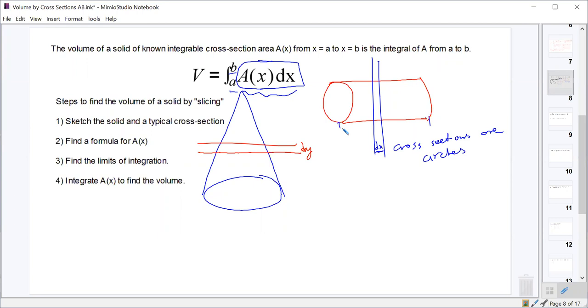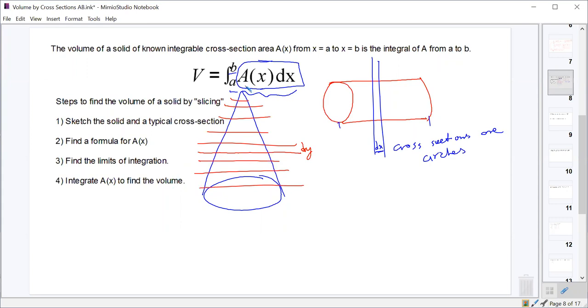But here, each circle, no matter where I slice it, all of those circles are going to have a different area to them, aren't they? Yeah. They'll have the same infinitely thin thickness, but a different cross-sectional area, and therefore each of these little pieces that I sum together will be different.